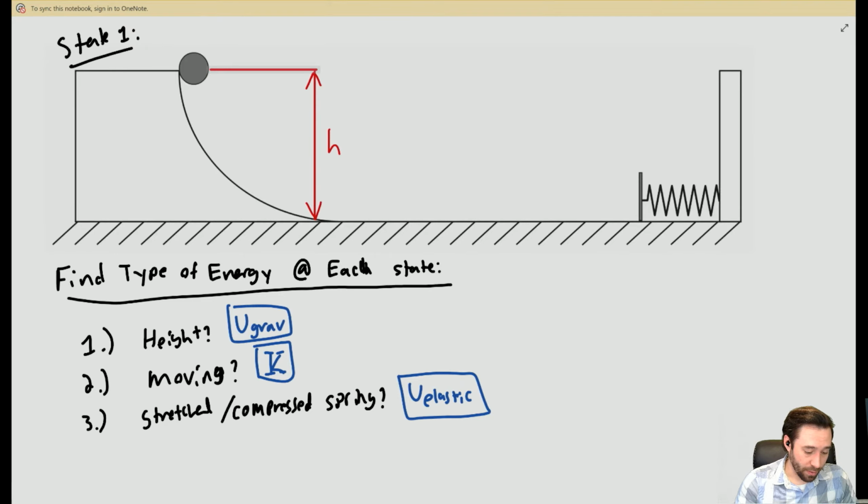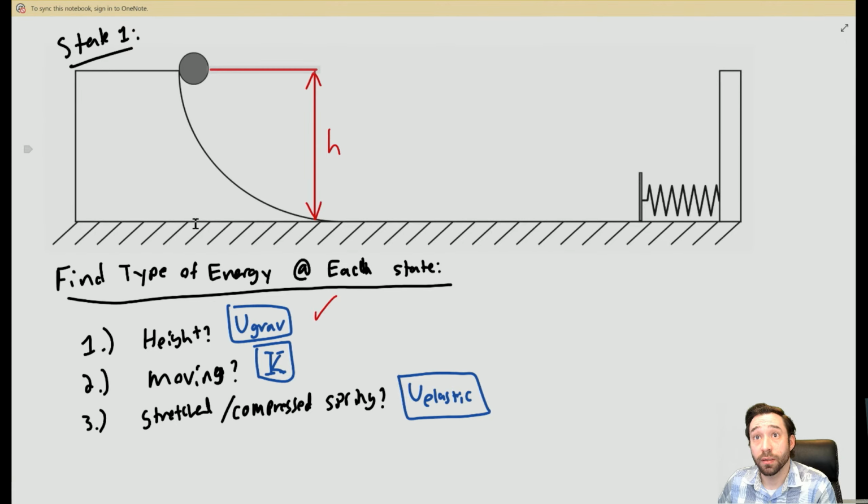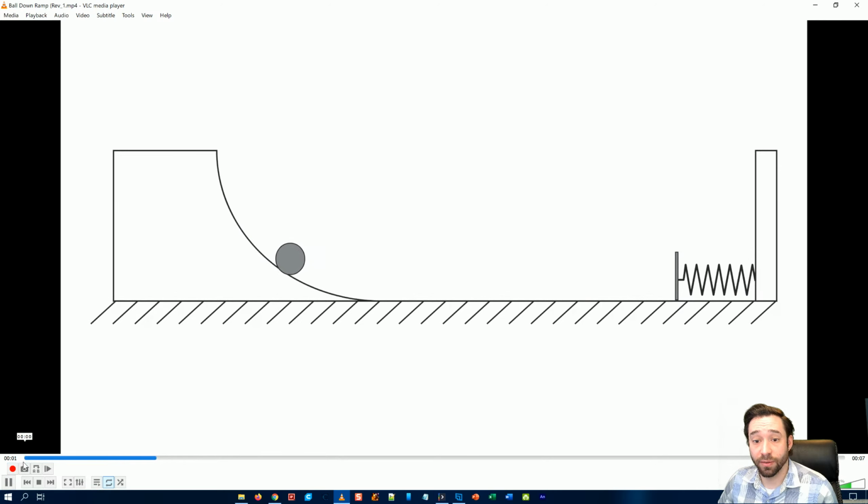Okay. So it does have a height, so we do have gravitational. Now at the very first state, let me see if I can slow down the animation. So video, playback, slower. If I go back to the video and I hit play, at the very initial point, right when it starts, there's no velocity.